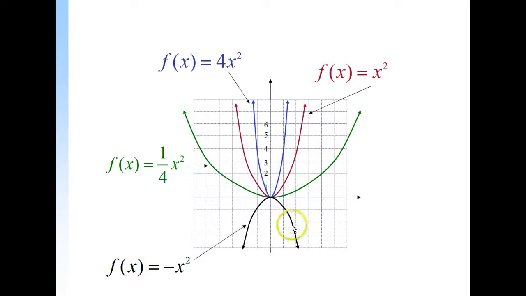And what caused that? Well, our 1 here was positive, that opens upward. Here our a, which is negative 1, is opening downward and is a reflection of this. So this particular diagram, excellent, and if I were a student, I'd kind of sketch this.